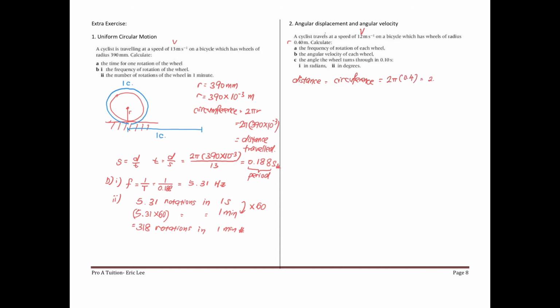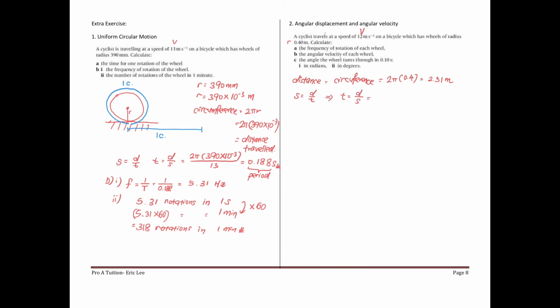So I will get 2.51 meter. This is the circumference, one complete round, and the distance is 2.51. We make use of the same concept as question 1 just now. Speed equals distance over time, and hence time equals distance over speed.